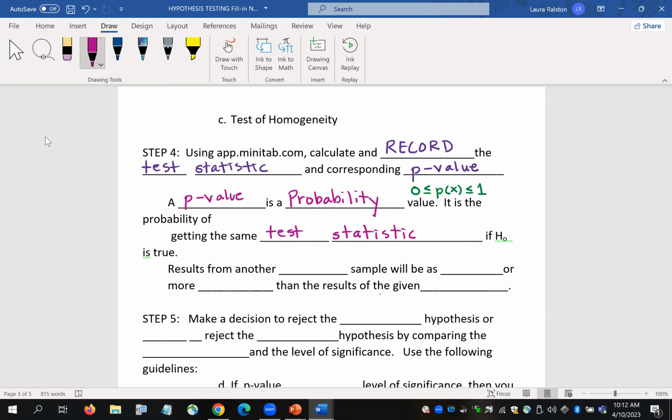And so the p-value is the probability that we would get a similar test statistic with multiple or different samples. And I've got that written out here. It says results from another random sample will be as extreme or more extreme than the results of the given sample. Again, assuming the null hypothesis is true.